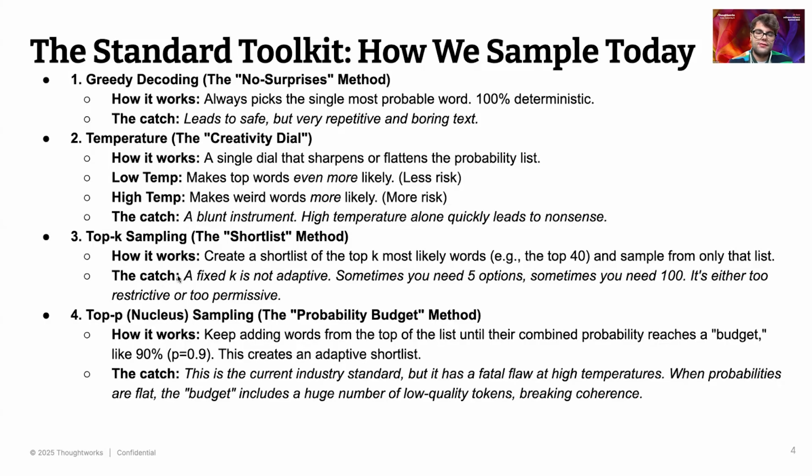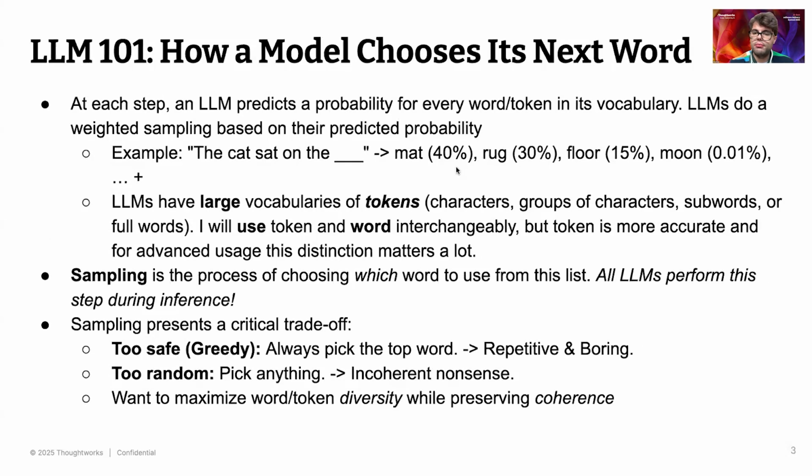And then we have temperature, which we'll talk about now, which allows you to take this previous probability list and, if we increase the temperature, we scale down the high probabilities like mat and rug, relatively speaking, while we scale up floor and moon in their probabilities. So an infinite temperature would make all the words have an equal probability, equally unlikely.